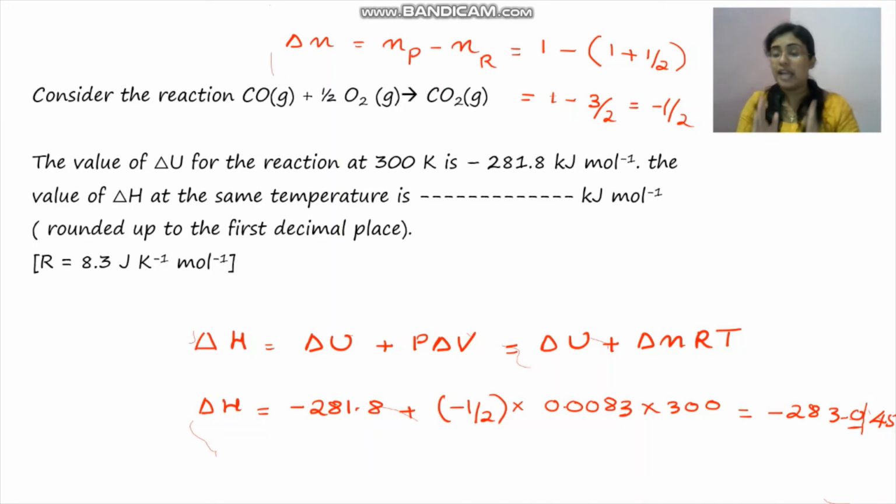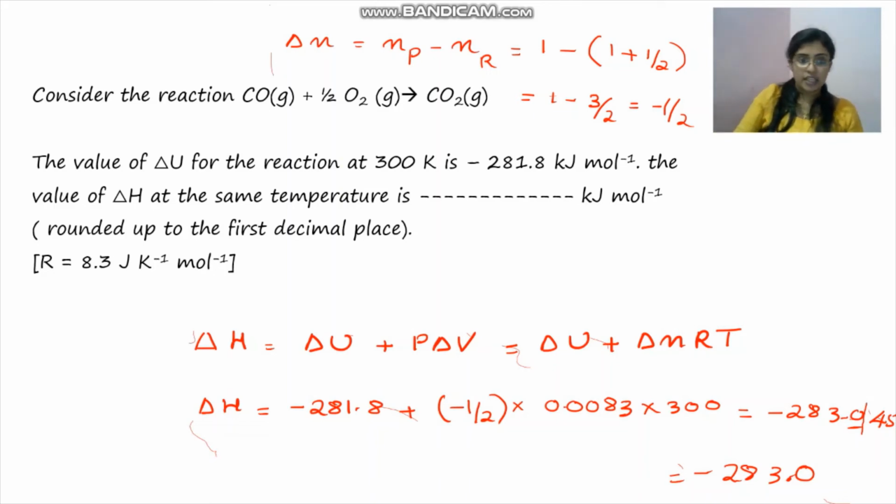It would remain as minus 283.0. So I would get the answer to be minus 283.0. This would be the answer rounded off to the first decimal place.